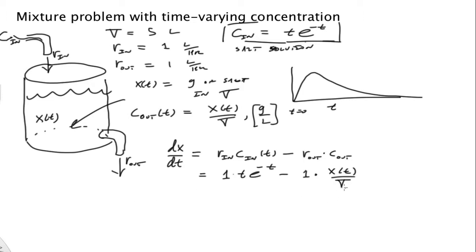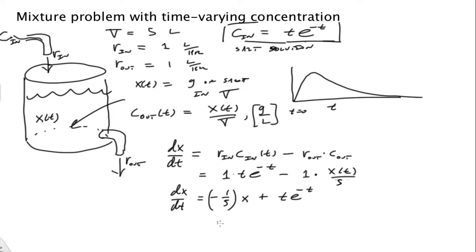I'll erase here and put in that 5. I can clean this up a little bit and have dx/dt equal to negative 1/5 times x plus t e to the negative t.